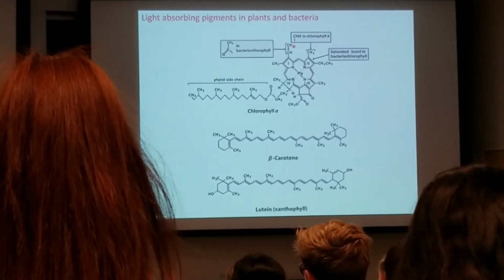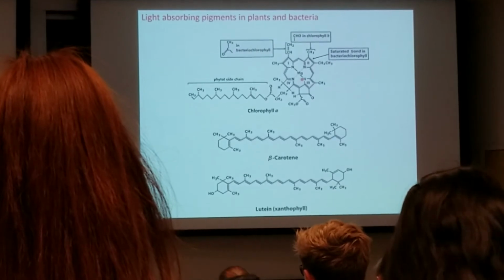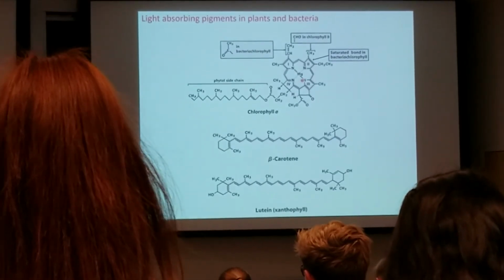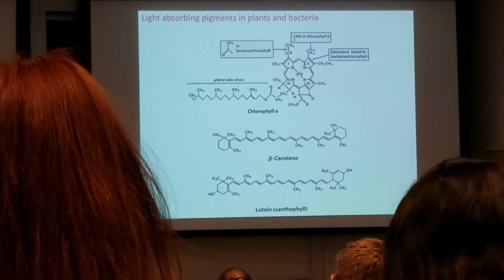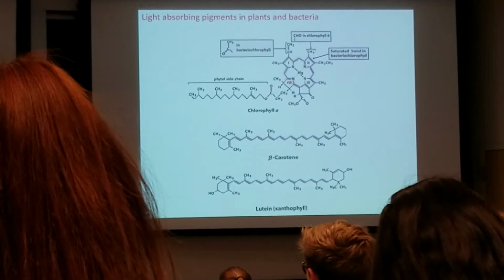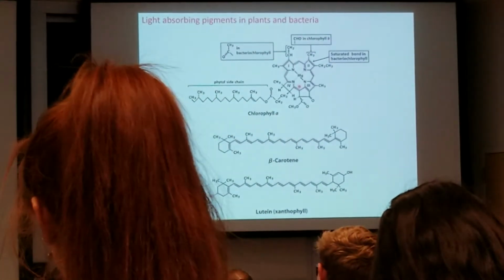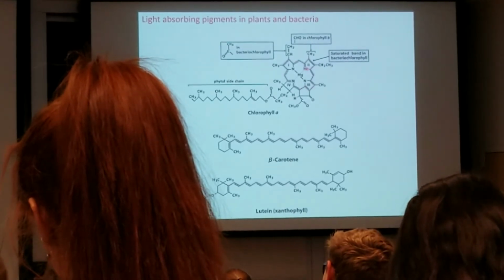That's very tiny. So what I need you to know is that most chlorophylls have a magnesium here. This structure here looks like a heme structure, but it's not. This porphyrin ring is what it really is.